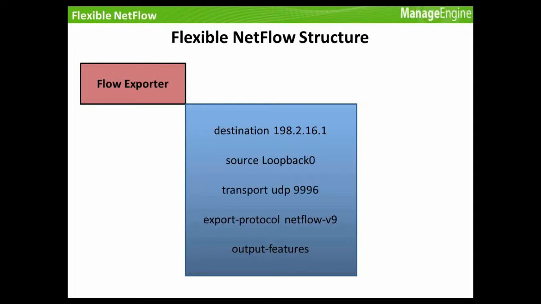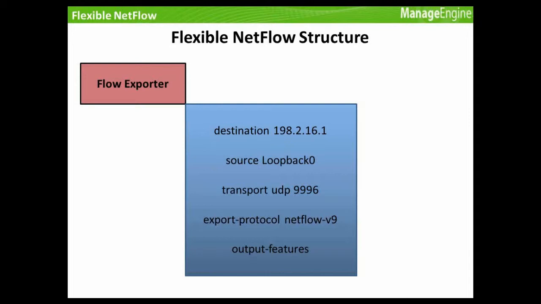And then you can specify the listener port of your NetFlow collector. ManageEngine NetFlow Analyzer uses UDP port 9996 for listening to flows, so you can specify that here. And then you specify the export protocol, that is, which version of NetFlow has to be used.